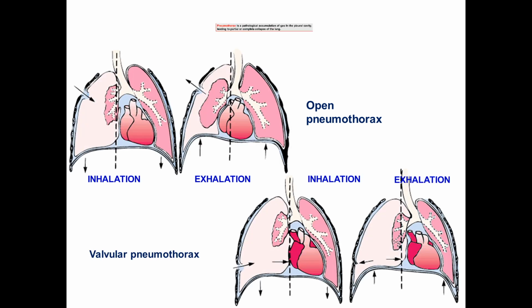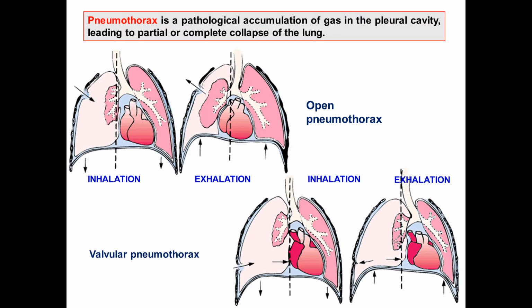Next is pneumothorax. Pneumothorax is a pathological accumulation of gas in the pleural cavity leading to partial or complete collapse of the lungs. There are two types, open pneumothorax and valvular pneumothorax.